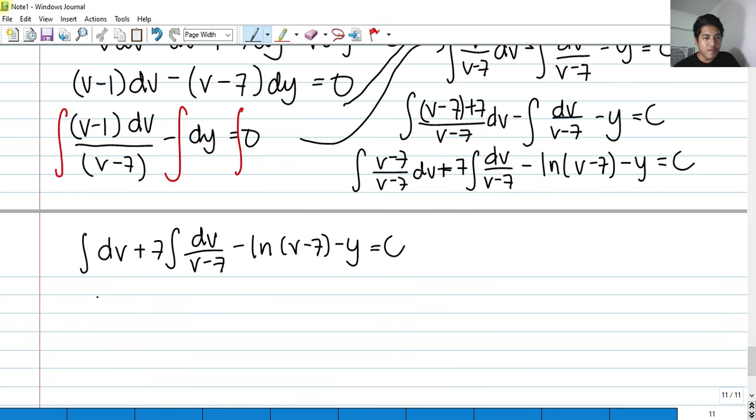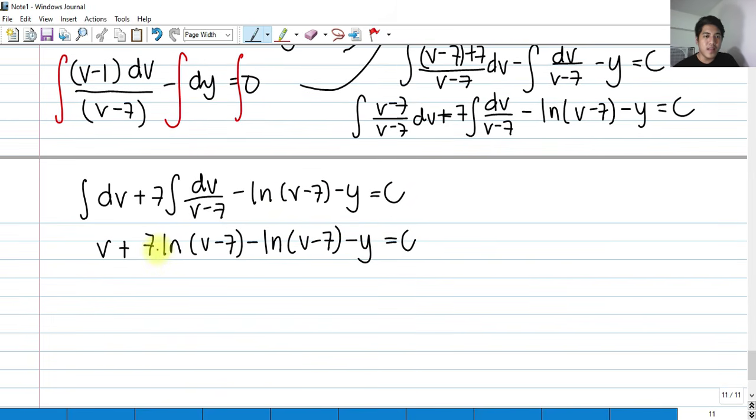Integrating this, we have v plus, again, 7 ln of v minus 7, minus ln of v minus 7, minus y equals c. And we can simplify the 7 ln of v minus 7 minus ln of v minus 7 to simply v plus 6 ln of v minus 7, minus y equals c.